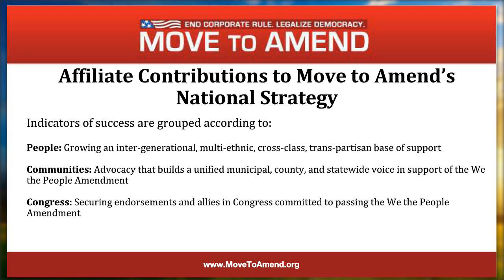And in these communities, our measure of success is advocacy that builds a unified municipal, county, and statewide voice in support of the We the People Amendment, such as passing local ballot measures and city council resolutions, or even state level resolutions, even possibly amending your state constitution to make this clear, or passing a binding resolution that calls for your congressional delegates and representatives to support the We the People Amendment, which is also known as House Joint Resolution 48, that's currently in the House of Representatives, and introducing it in the Senate.